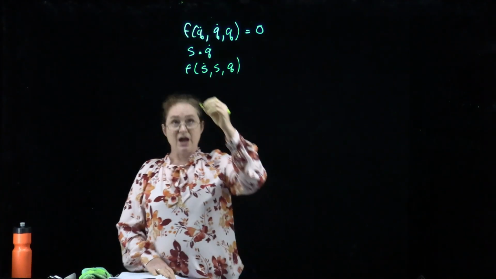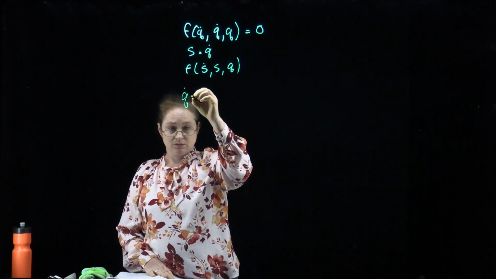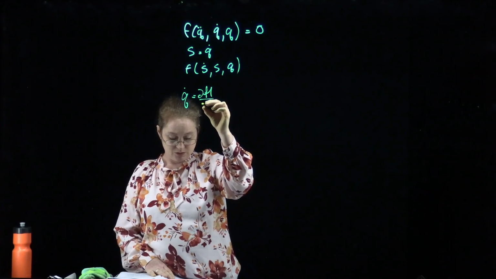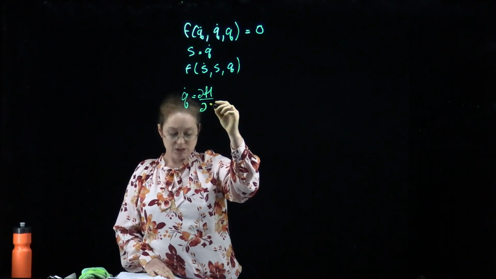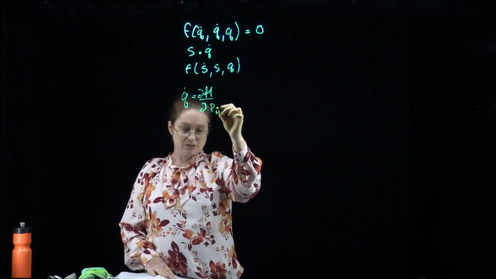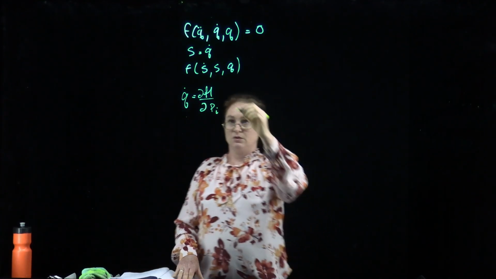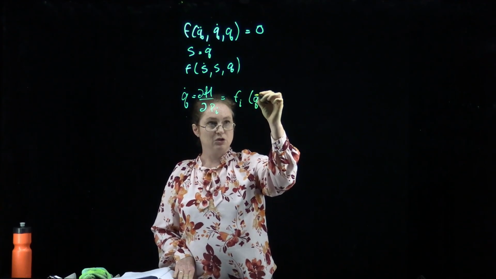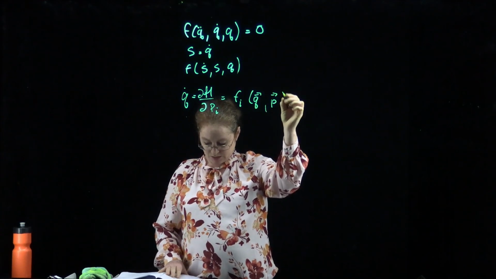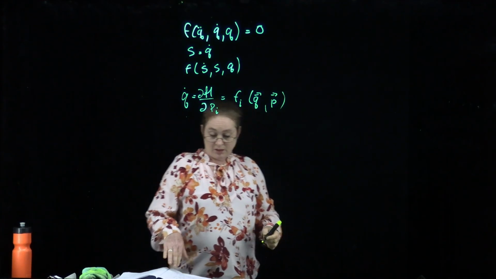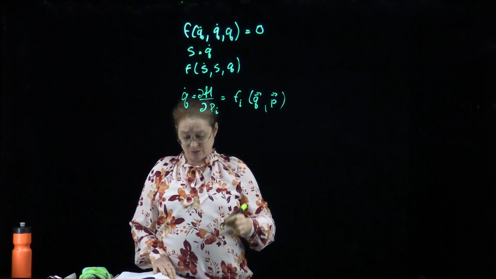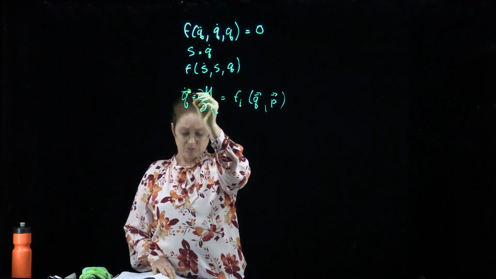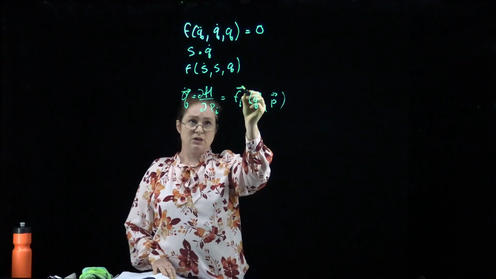The q dot is the partial derivative of the Hamiltonian with respect to pi, which is some function of the Q's and the P's. And that means that we would get a bunch of equations which look like this.